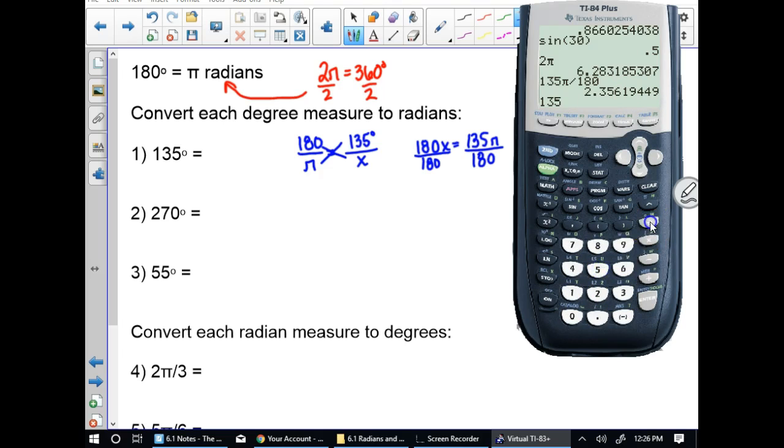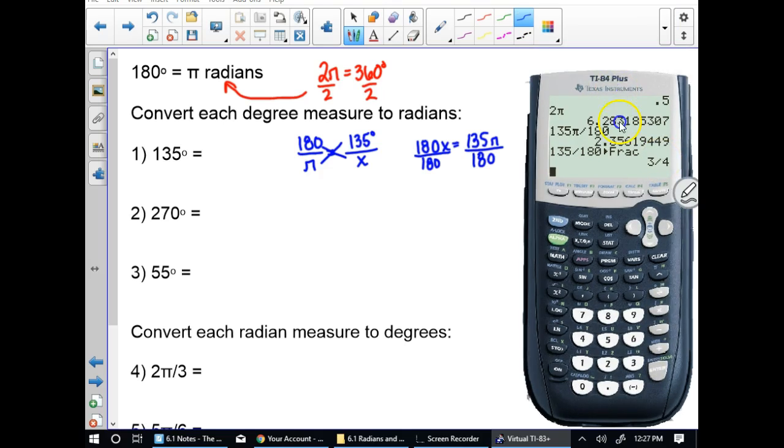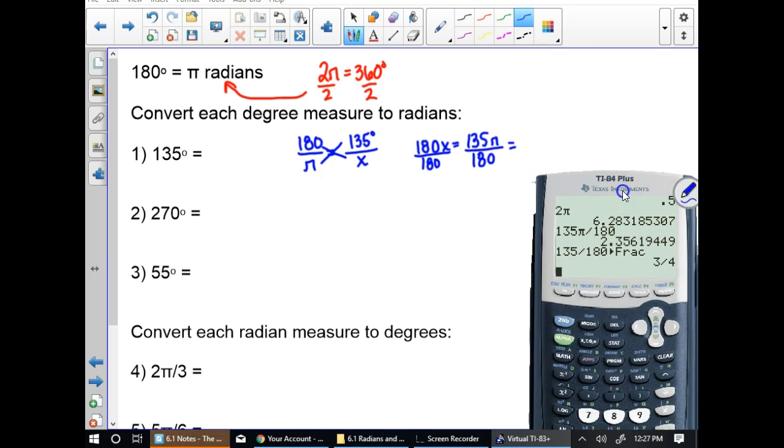Instead, I'm going to take 135 divided by 180 and reduce it, and I get 3/4. So this will be 3 pi over 4. Look on your unit circle, see if that's right. Is that 3 pi over 4? Okay.